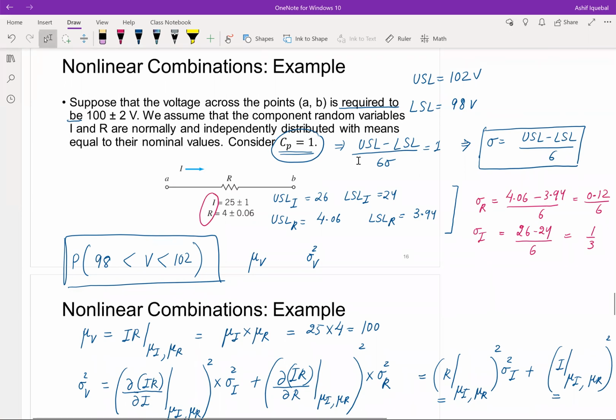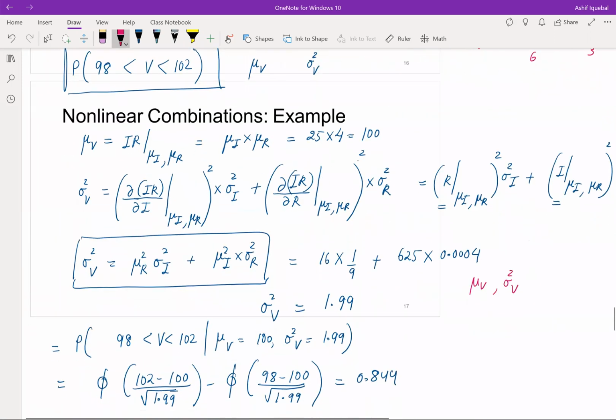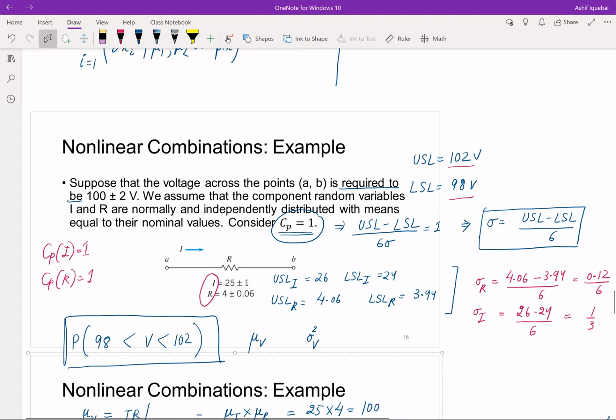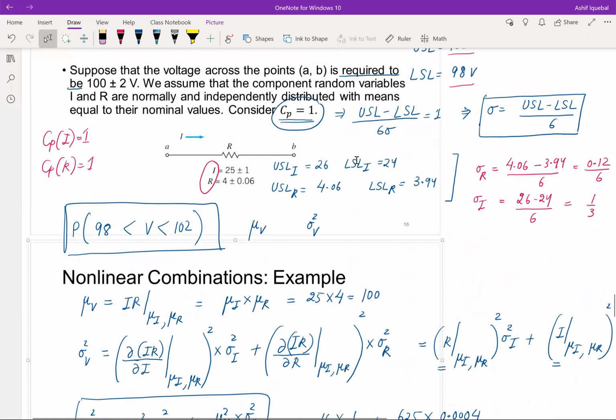So CP of I equals 1 and CP of R equals 1. CP for the voltage, we will have to calculate from the formula. We have to do 102 minus 98 divided by 6 times sigma. Sigma is square root of 1.99.